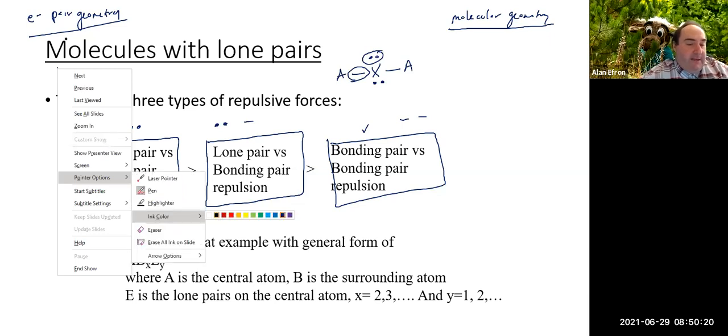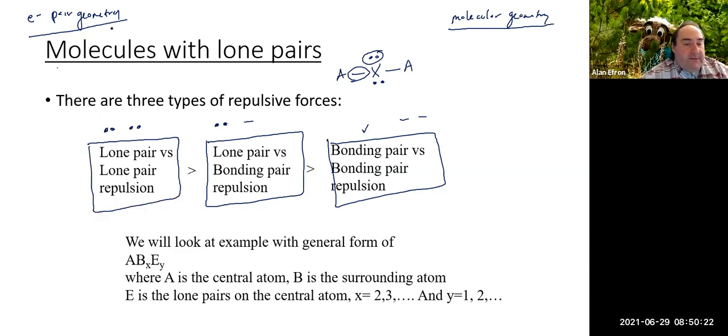You could have bonding electrons, you can have non-bonding electrons, but the electron pair geometry name stays the same. So if you have 3 electron pairs, that's still trigonal planar. If you had 4 electron pairs, it's still tetrahedral. Doesn't matter if the 4 electron pairs are like 2 bonding and 2 non-bonding pairs. The total number of electron pairs still determines the electron pair geometry.